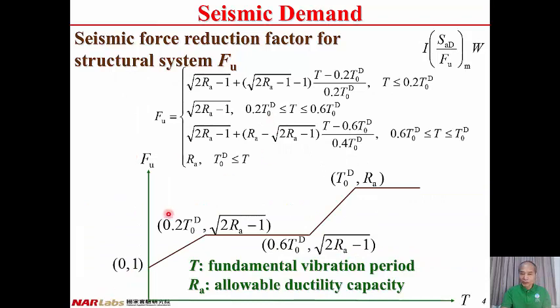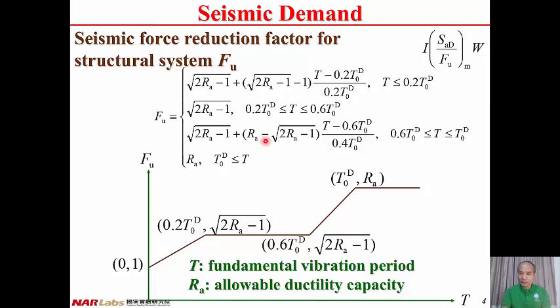From this equation, we can plot the graph here, which shows the relationship between the reduction factor FU and the fundamental vibration period T. The curve is divided into 4 segments. The first segment is from 0 to 0.2 T0D, and FU increases from 1 to square root of 2RA minus 1.